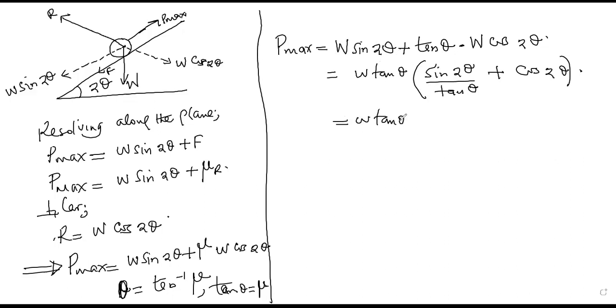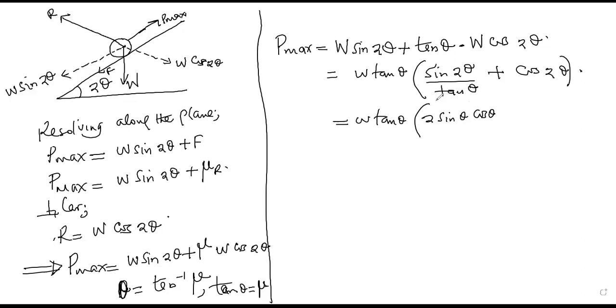This is going to be equal to W tan theta. We bring in the trigonometric ratios. Sin 2 theta can be expressed as 2 sin theta cos theta.